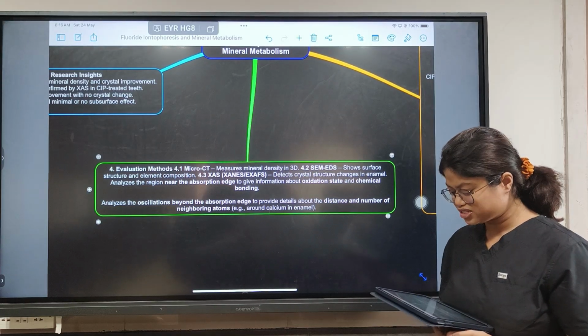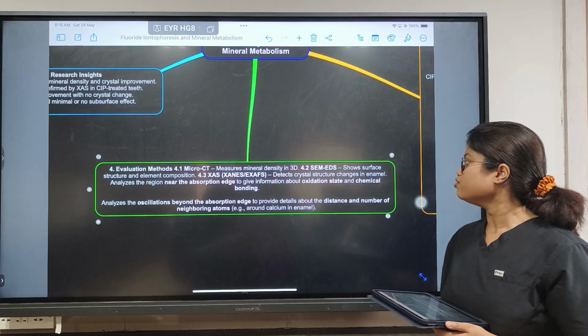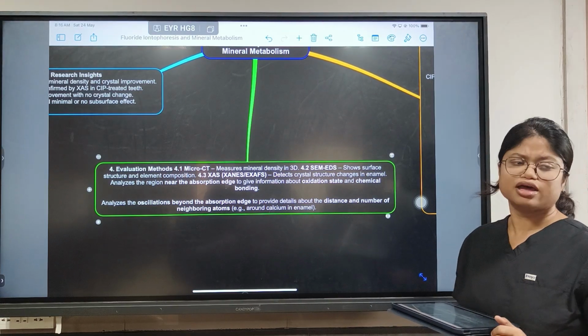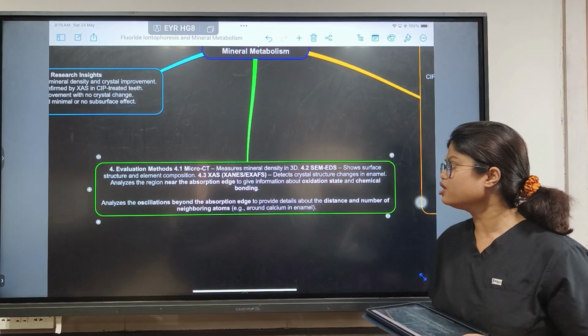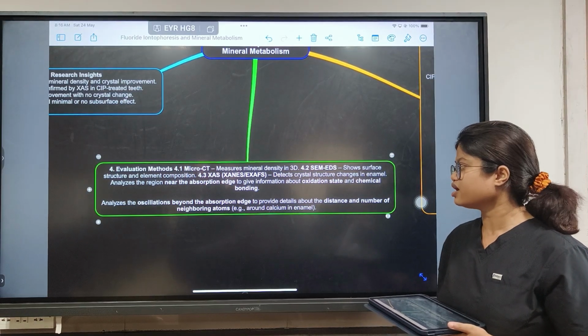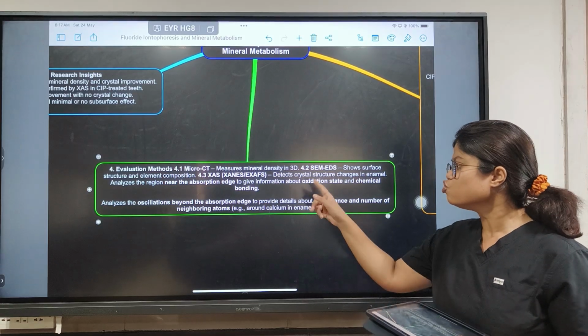Secondly, we can use SEM and EDS for showing the surface changes in the structure and the elemental composition of the enamel. Thirdly, the advanced procedure is XAS. It has two components.